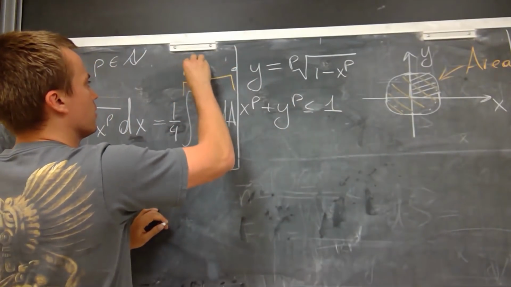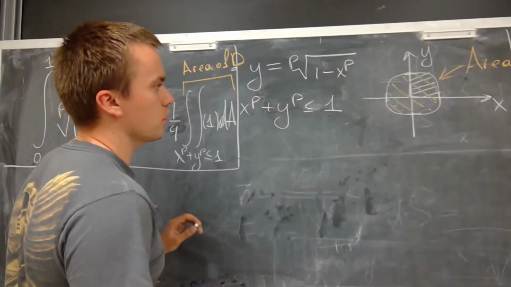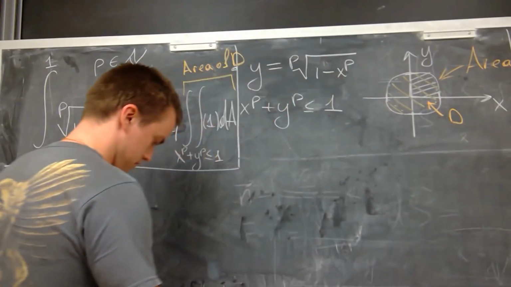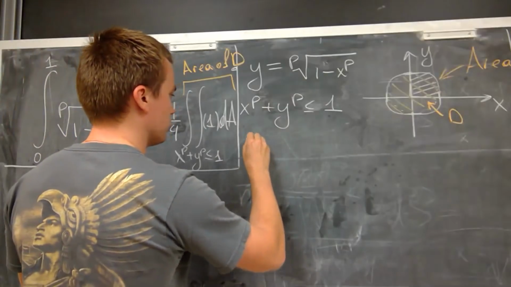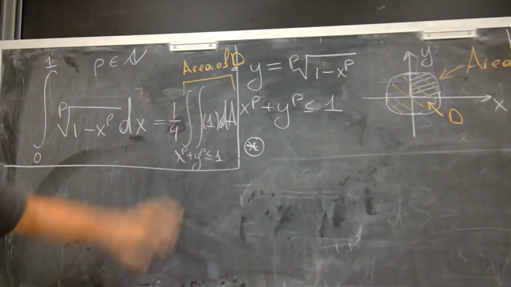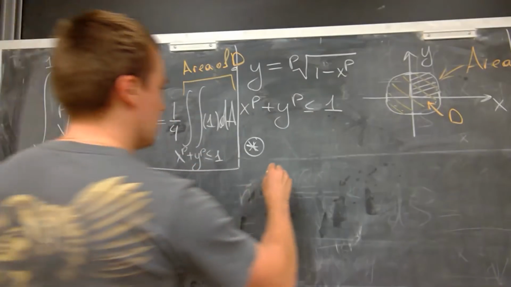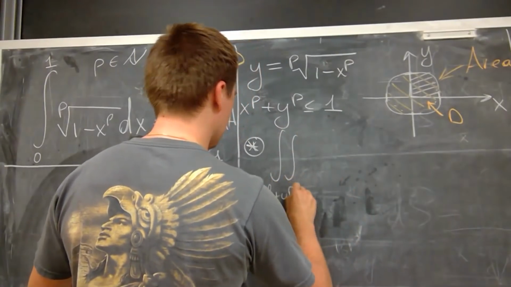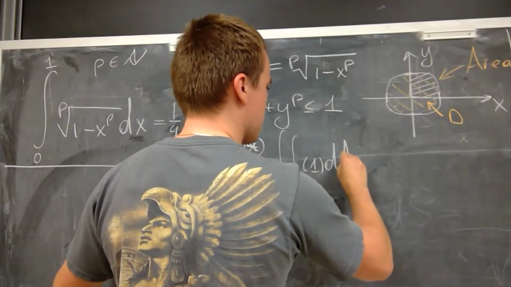This is the area of D, where D in this case is this region. So let's find the value of this integral. I have the double integral over x to the p plus y to the p less than or equal to 1 of 1 dA.